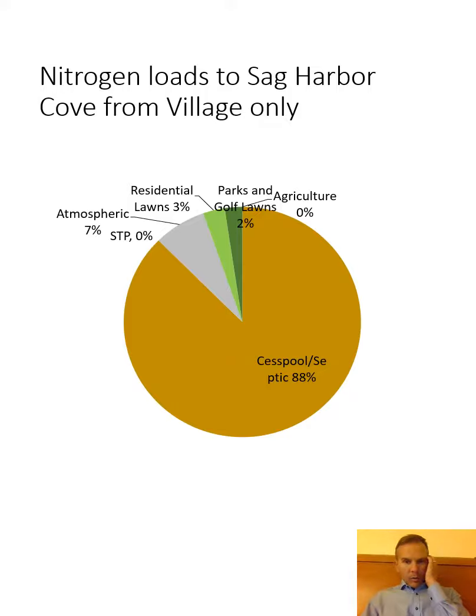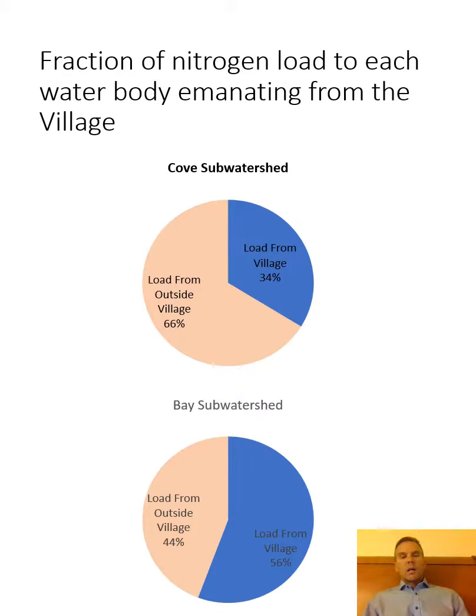And then we look at Sag Harbor Cove, the number for cesspools and septic tanks gets even larger. And then if we look at both the two subwatersheds, both for Sag Harbor itself and for the Cove, what we see is that within Sag Harbor itself, most of the nitrogen loading is coming from the village, whereas in the cove, the village is only about a third of the nitrogen load, and the rest of it's coming from outside of the village.